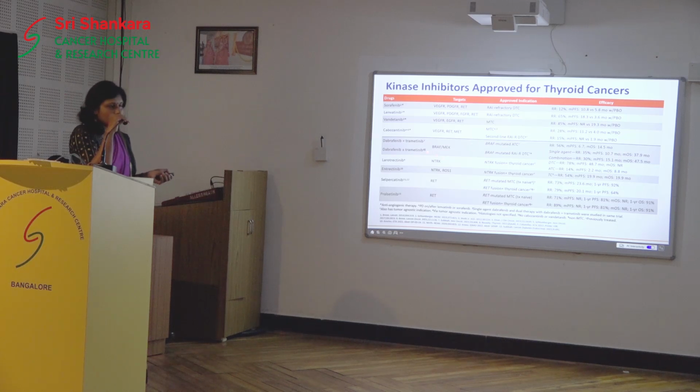Coming to the second class, BRAF and MEK inhibitors, we have dabrafenib plus trametinib, which is approved. Dabrafenib is a BRAF inhibitor and trametinib is a MEK inhibitor. Initially there was use of single agent dabrafenib, but they started noticing a lot of skin toxicities, including squamous cell carcinomas of the skin. After which, most of the approvals are in combination with a MEK inhibitor.